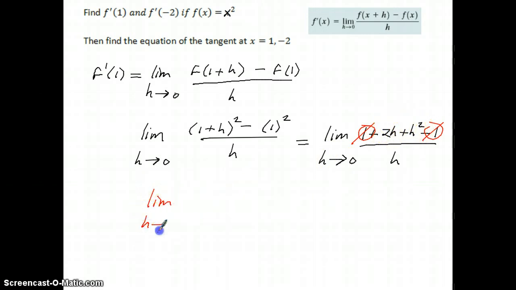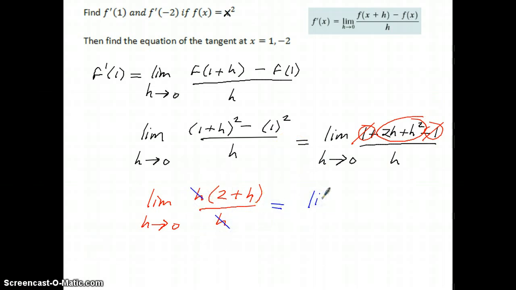I'm going to do a couple steps at once. I'm going to factor out an h from the numerator here. So we have h times 2 plus h, and this is all over h. So I got rid of the 1s and I factored out an h, and at this point we can cross off these two h's.